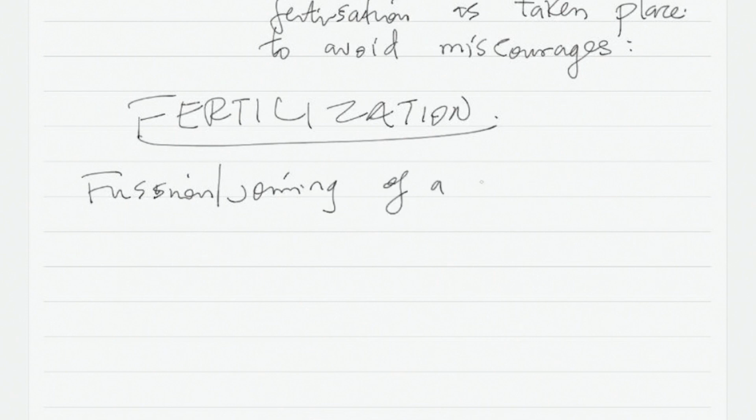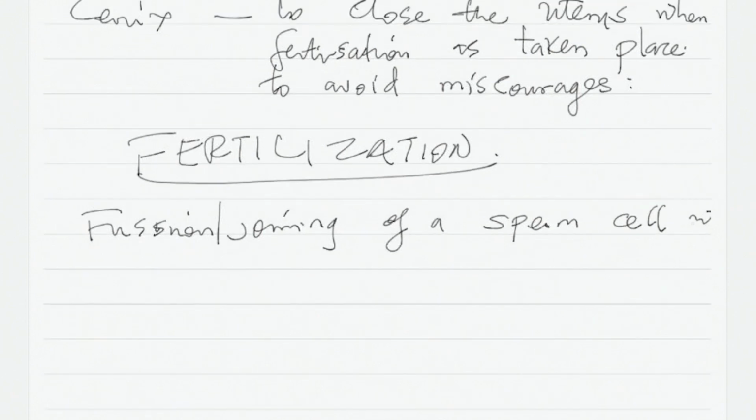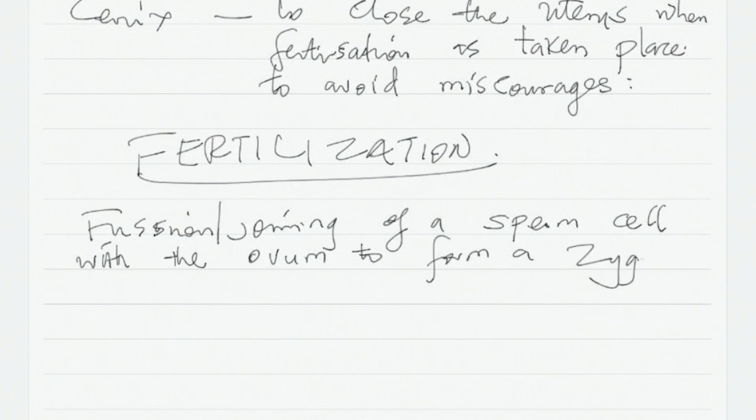Fusion or joining of a sperm cell with the ovum to form a zygote. This takes place in the fallopian tube. I must emphasize this point: fertilization takes place in the fallopian tube.